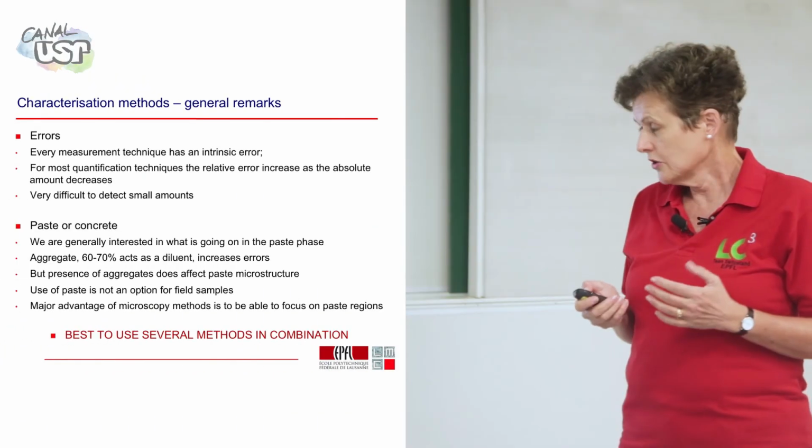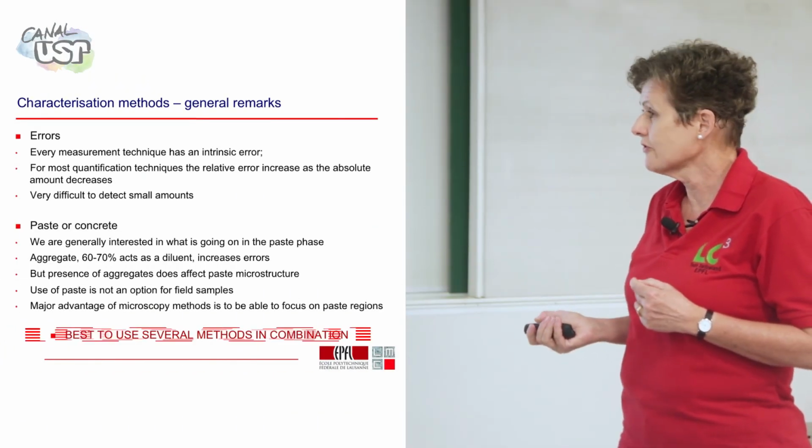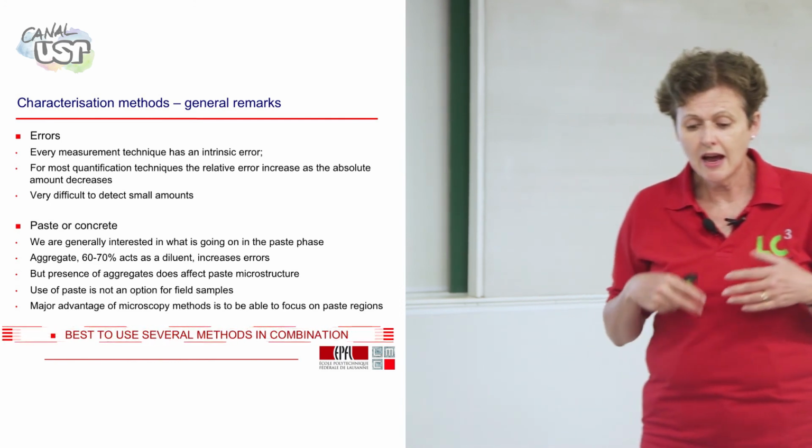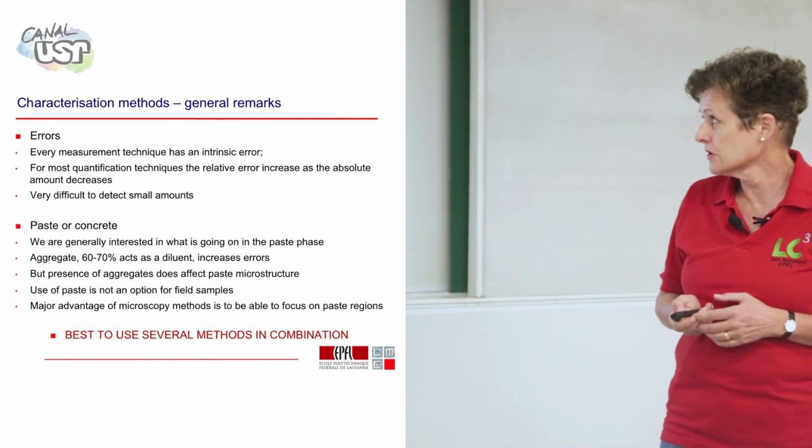And of course, you can have some situations where you don't really have an option because you have samples from the field. This is really one of the major advantages of microscopy methods, that you can focus on the paste regions. And the final comment is, it's never a good idea to depend on just one technique. You really want to try and use several methods in combination and make sure that they tell a coherent story.